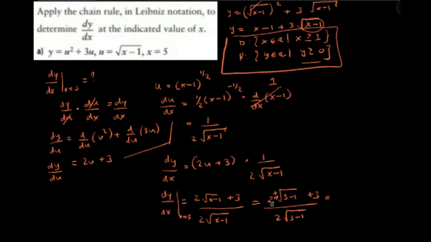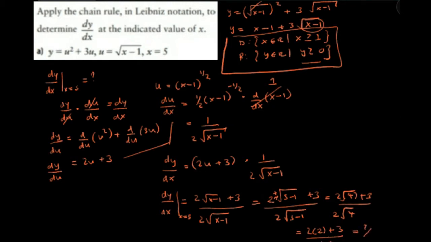So we can have 2 times the square root of 5 minus 1, which is basically 2 times the square root of 4, plus 3. I'm just going to look at the positive values. In this case, you get 2 times 2 plus 3, so only look at the positive values of square roots.